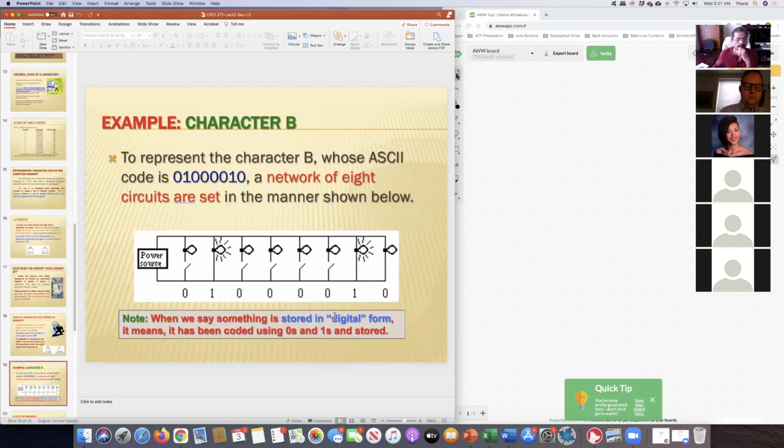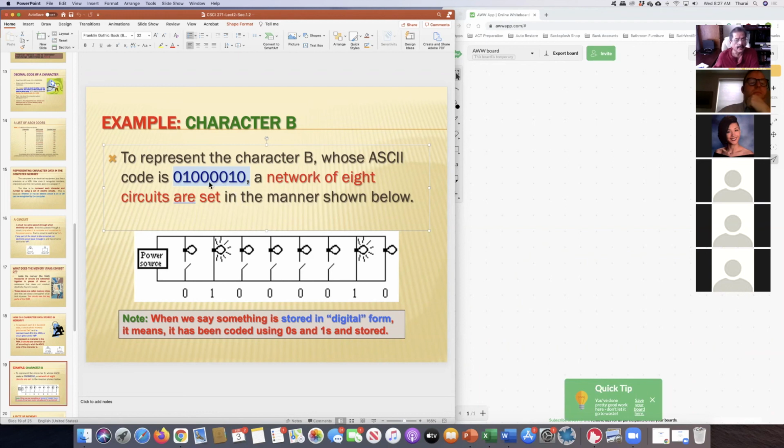Okay, so here is a memory setting of the letter B. The letter B has the ASCII code equal to this. So if I store the character B in some way in the memory, you will be learning later how to write a statement in the program that'll tell the computer to store the character B in the memory.